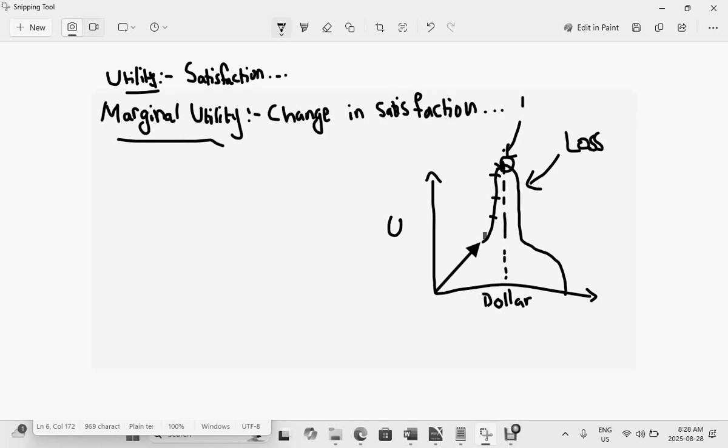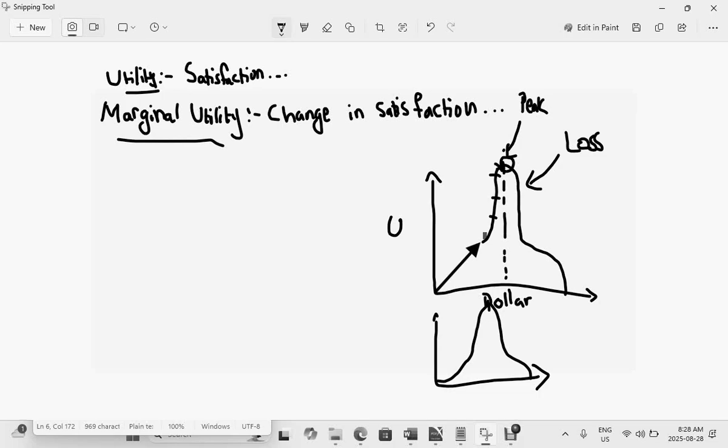As a result, suppose this is your peak. What he's going to do is consume another product, which may or may not be the same, maybe a similar product. Let's say he goes ahead and consumes another product, and the other product will have the same consequences. You'll have a peak.